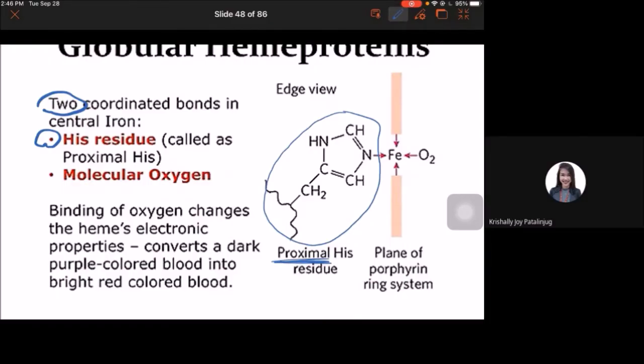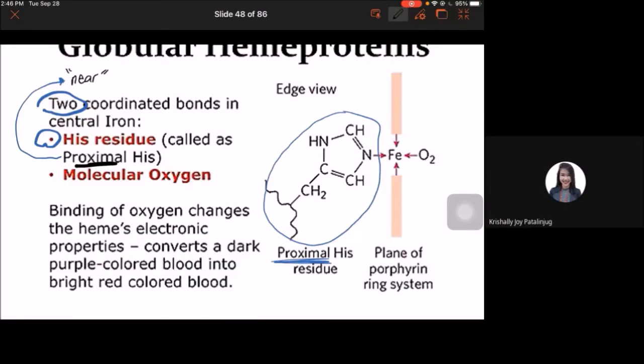What do you mean by proximal? I think you know this already sa anatomy. Kapag proximal, distal. Does it imply near or far? Tama, near. So for now, tandaan nyo lang, kapag proximal, ibig sabihin near.